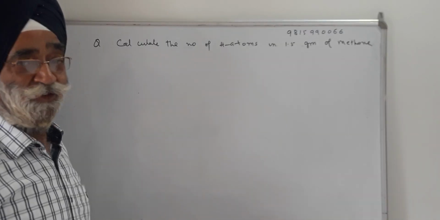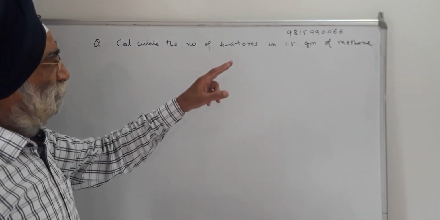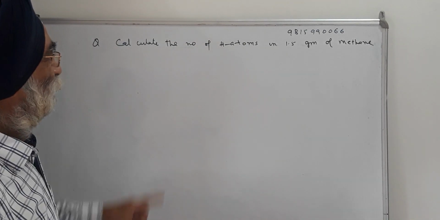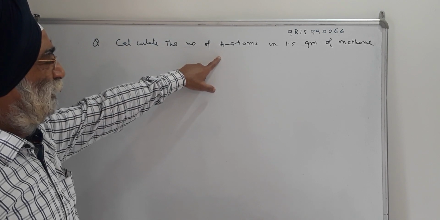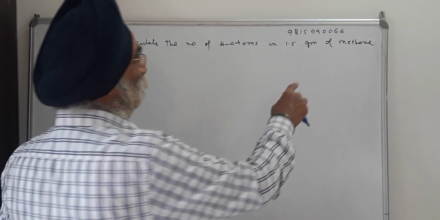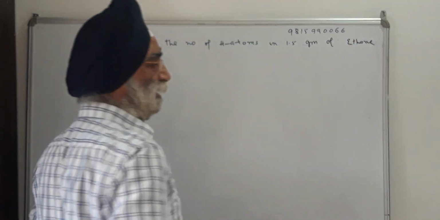This doesn't involve volume of methane. Let us first attempt this, then we will involve volume in it. Calculate the number of hydrogen atoms in 1.5 grams of, let us make it ethane. It will ease our calculations.